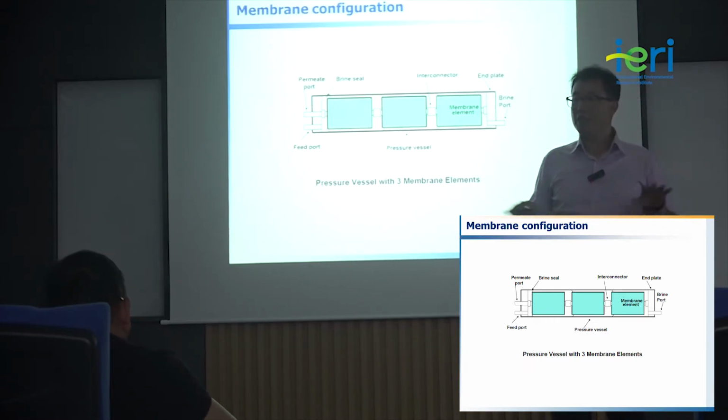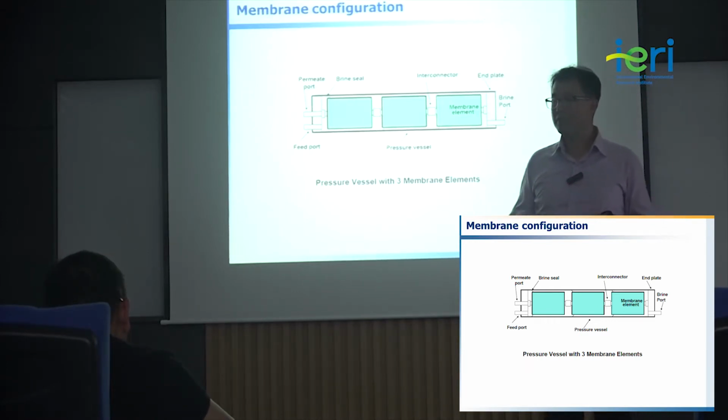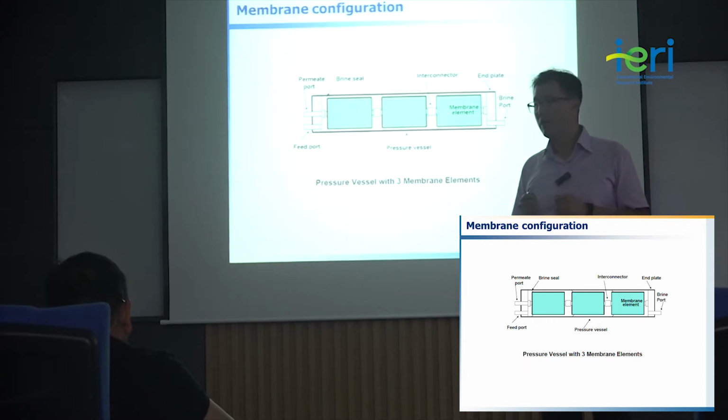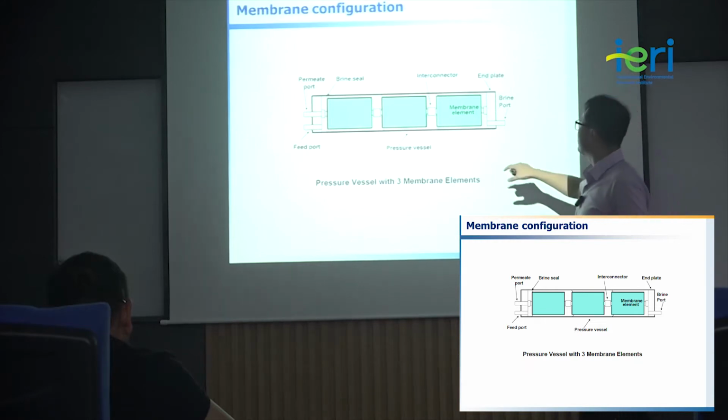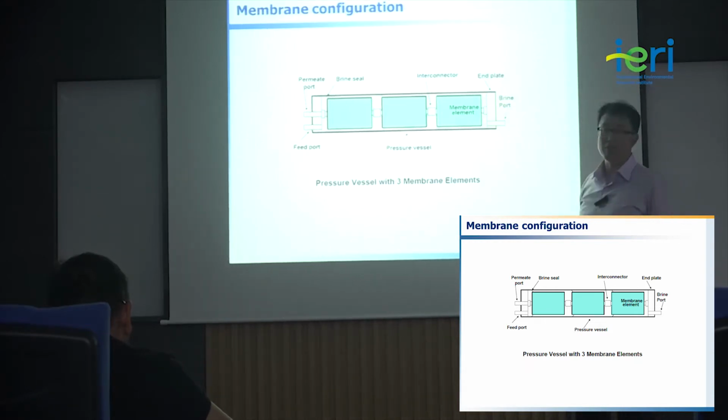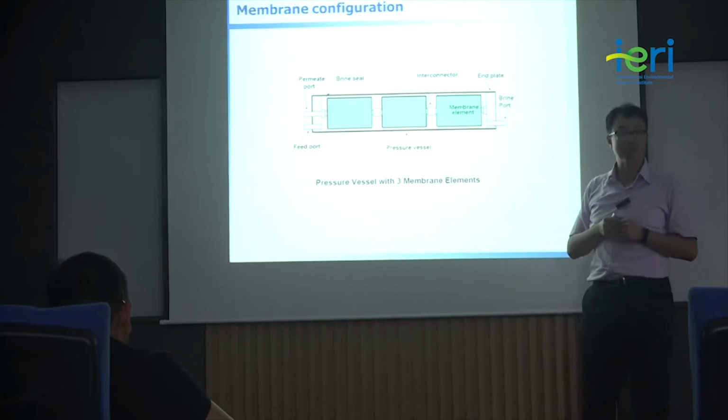And in Korea, we have winters, which means the temperature goes very low. In that case, we may need to apply a pressure higher than 70 bars. So the pressure resistance of the pressure vessel is very important.